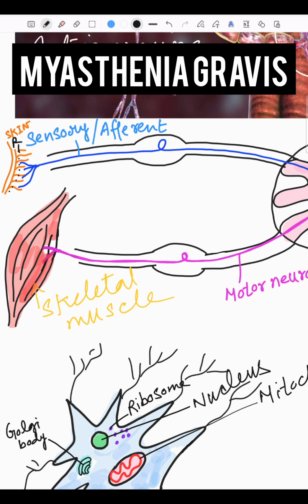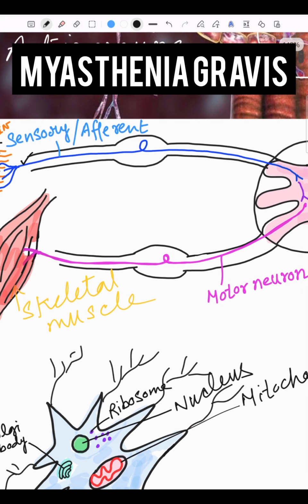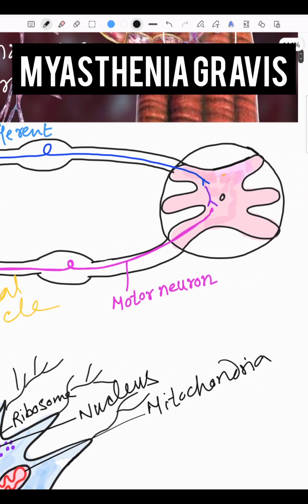For example, when the muscle is stretched, specialized sensory neurons detect the change. So the sensory neuron can sense the change of the environment and transmit the signal in the form of an electrical impulse to the spinal cord. This is the spinal cord.